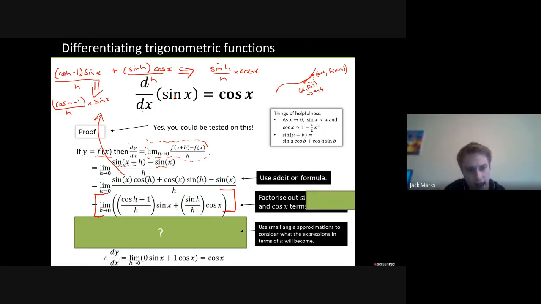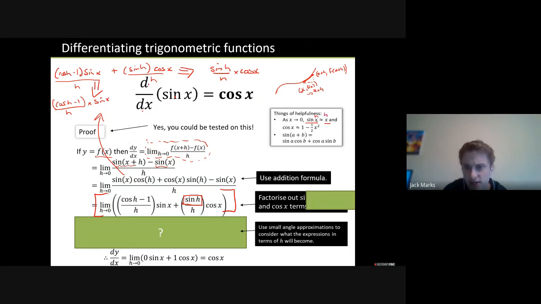Well, what are we going to do with this one now? Well, as we've learned some small angle approximation, we can take this further. So you probably don't need to go through quite as much detail, but what happens to sine h, for example, or sine x more generally, as x gets very small, it becomes closer and closer to the thing itself.